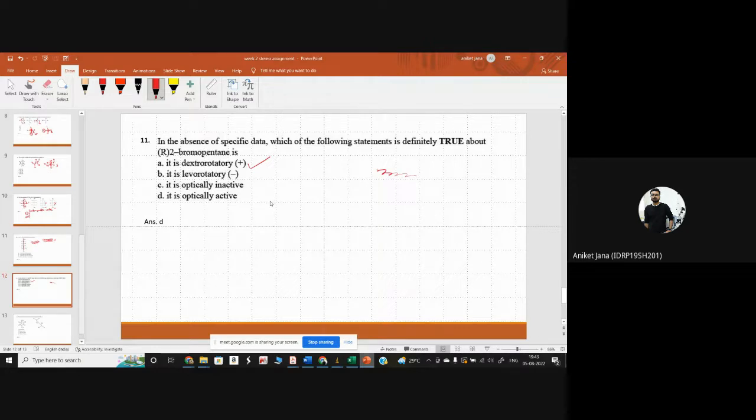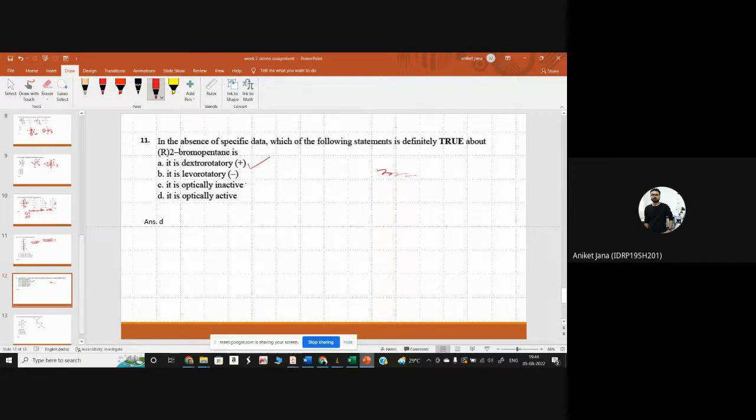Is there any correlation between RS nomenclature and DL nomenclature? Can we? No, we cannot draw any kind of correlation between the DL and RS nomenclature.